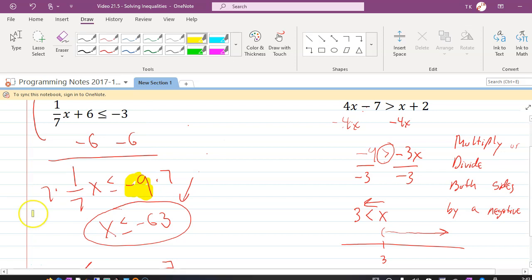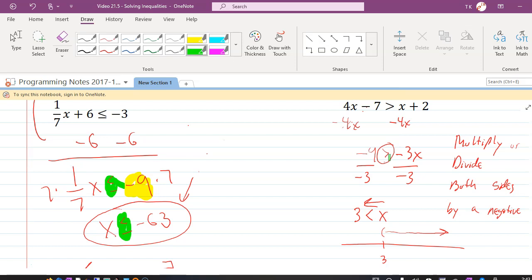I multiplied each side of this equation by +7, and the direction of the inequality remained what it was. In this new example, because I'm dividing both sides by -3, that's when I flip the direction of the inequality.